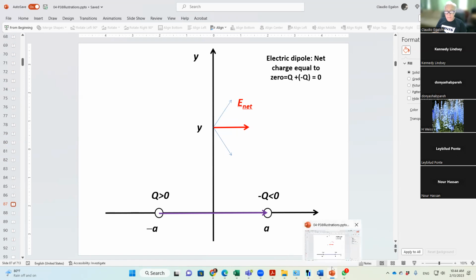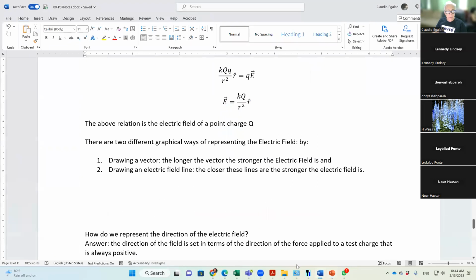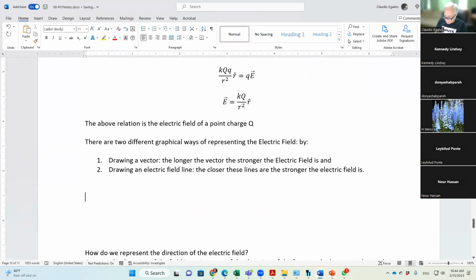Okay, let's do a simple example here. Consider an electric dipole along the x-axis.